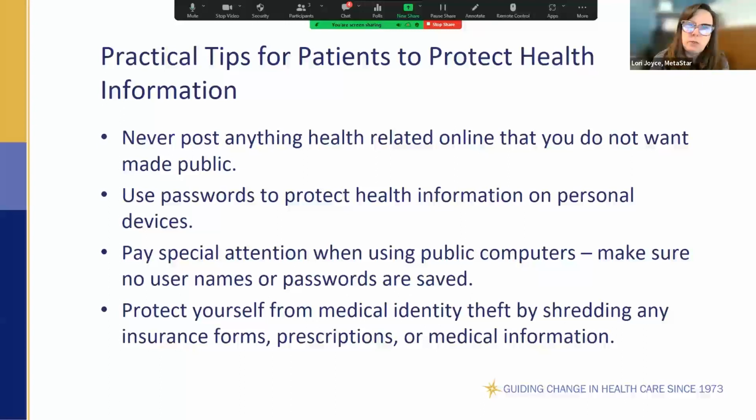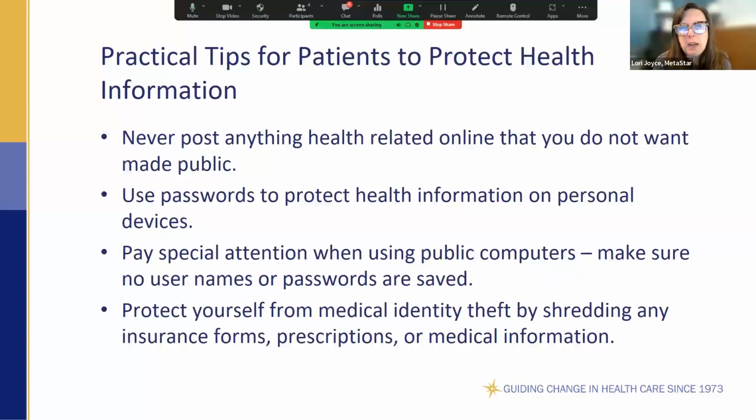Never post anything health related online that you don't want to be made public. Sometimes patients need a reminder that the internet really is forever, and to use passwords to protect health information on personal devices. Even cell phones and things like that can all be password protected.